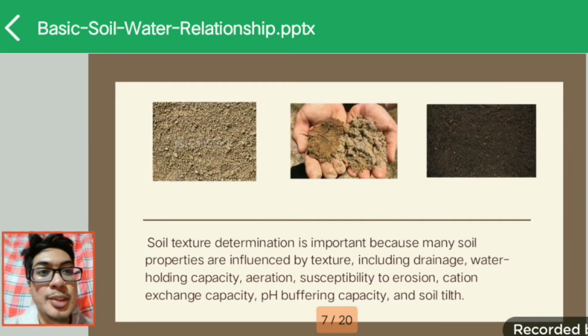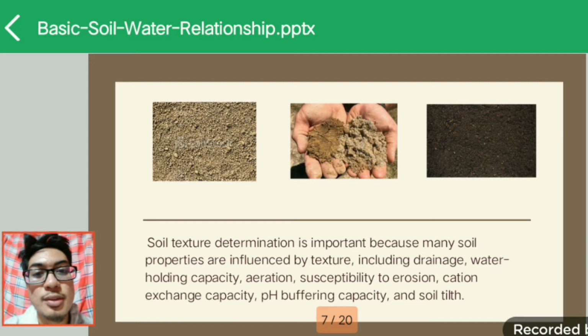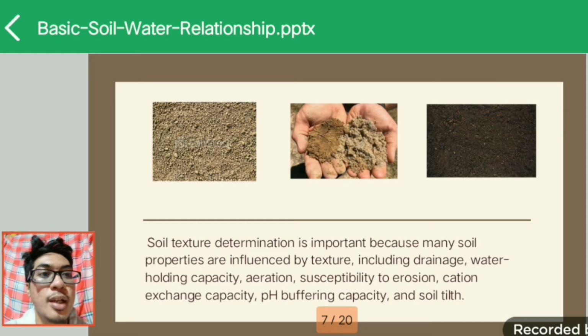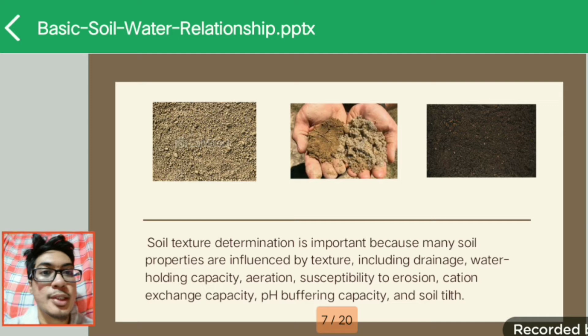Soil texture determination is important because many soil properties are influenced by texture. Since we're talking about the soil and water relationship here, it includes drainage, how the soil drains water when water enters it, and how it holds water, as the soil stores some water in it.